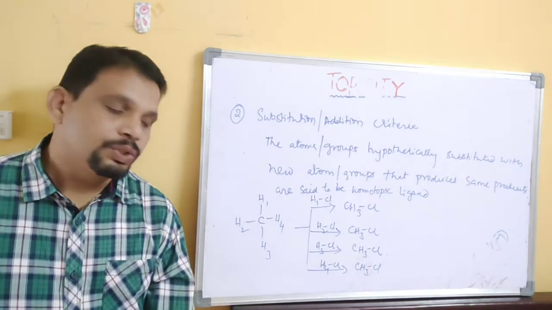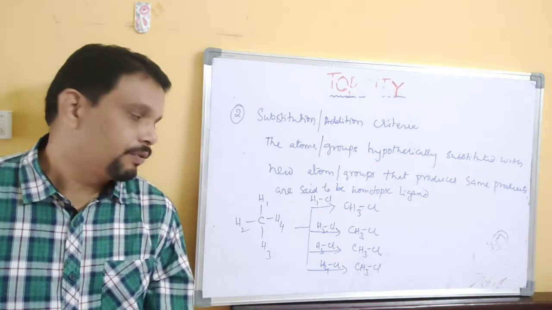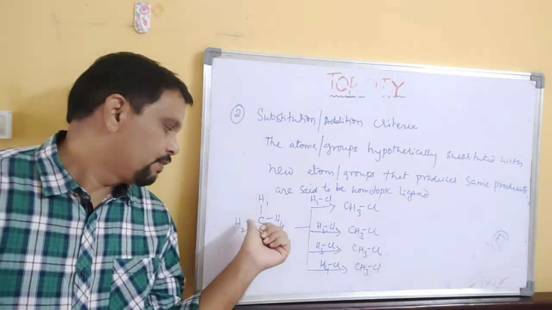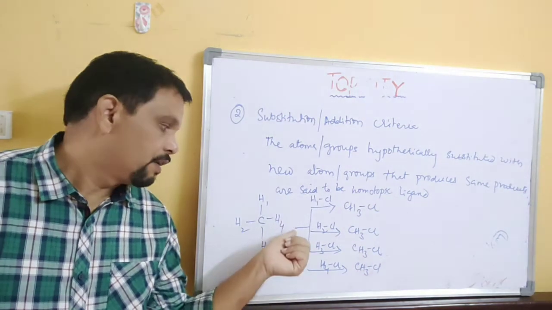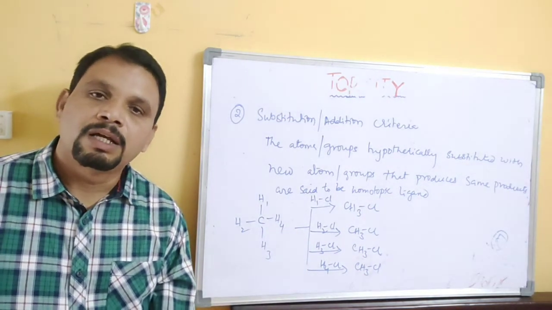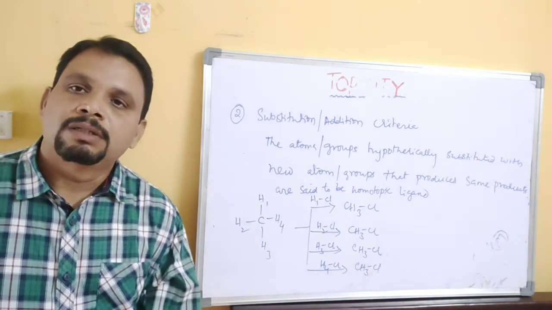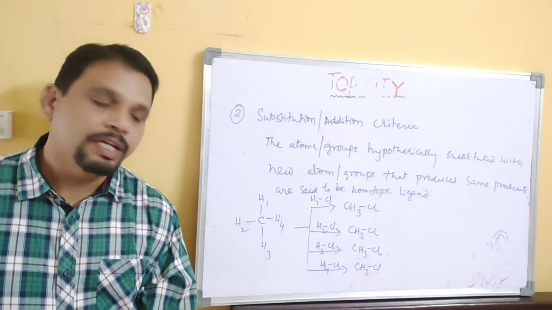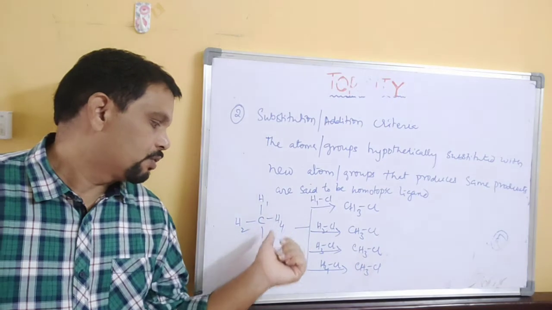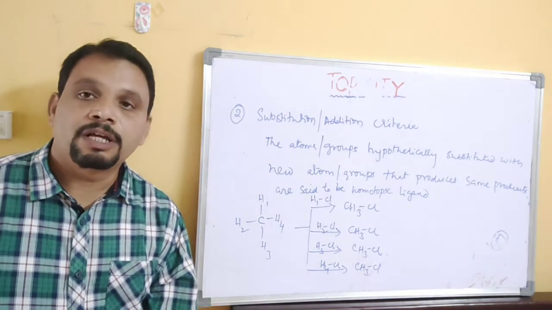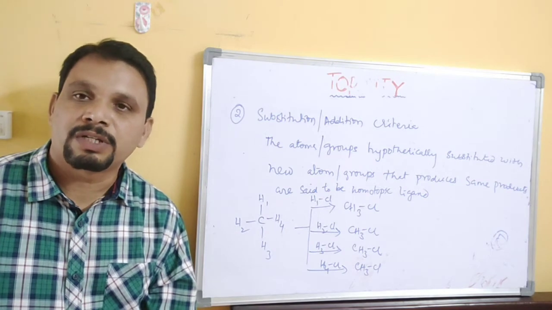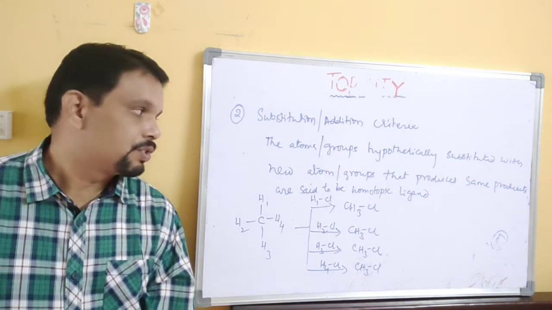You will get the same product if you replace H1, or H2, or H3, or H4 with Cl, in all four cases. Therefore, these four hydrogen atoms are homotopic ligands.